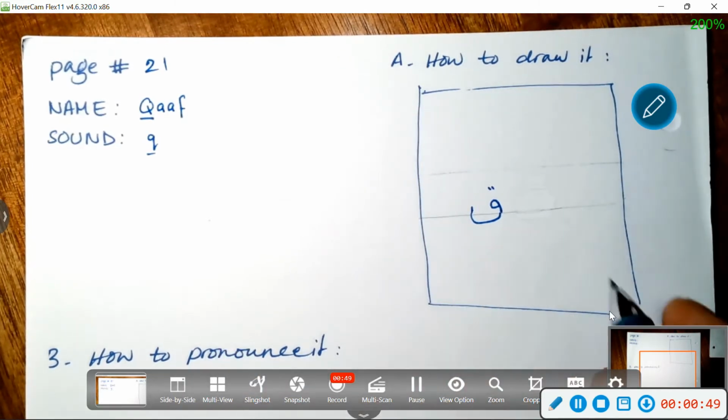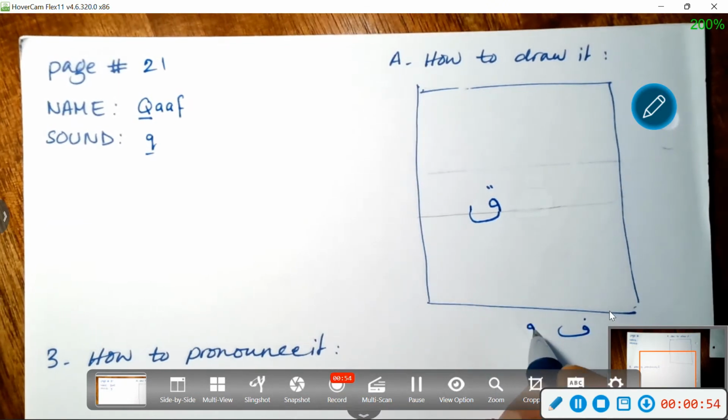So it's not like Fa long, it's like Noon. See? The neck of the Qaaf is longer than the neck of the Fa when they stand alone as a letter that is not connected to anything.